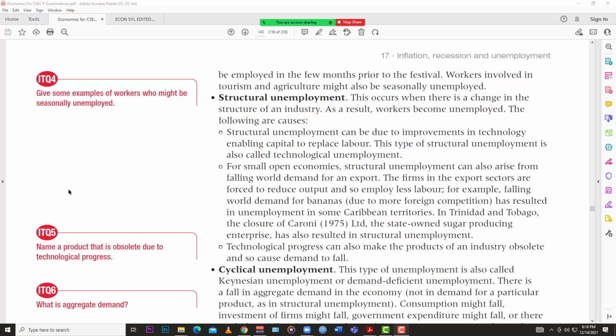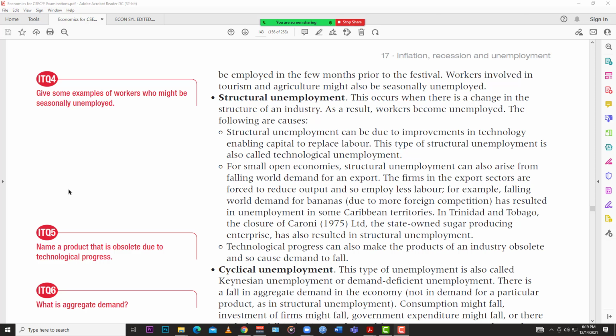So we would have seen that happen in St. Kitts, where the sugar industry closed and some persons had to transition to a different sector. So some persons lost their jobs because of a structural change in the economy. Right? So you can see how structural unemployment occurs when there's a change in the industry, in the economy, and that resulted in you losing your job.